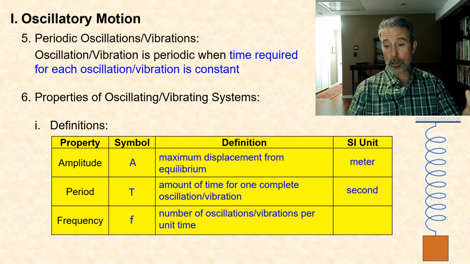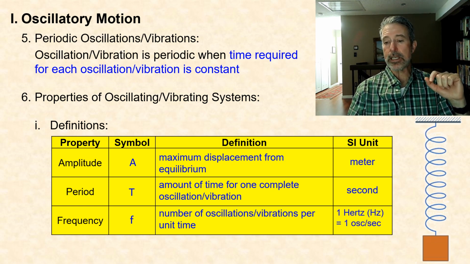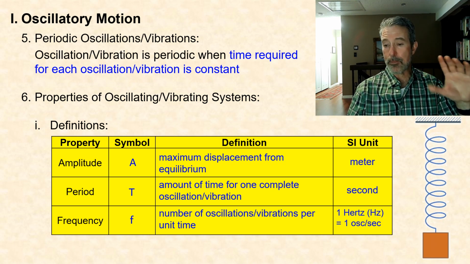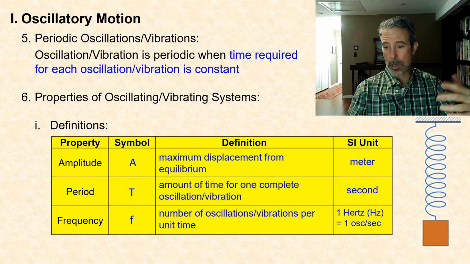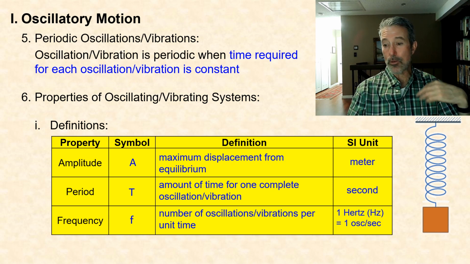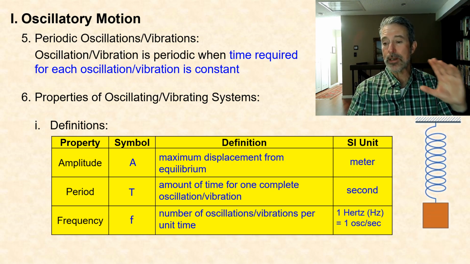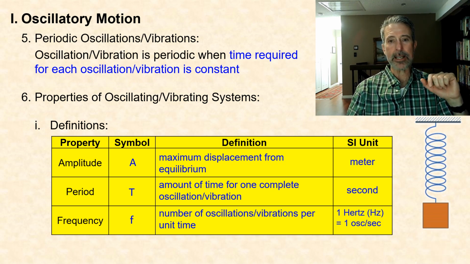The characteristic frequency is measured in vibrations or oscillations per second, for which we introduce a shorthand unit called the hertz. When we talk about an angular frequency, as we'll see in an upcoming slide, we can talk about the angular frequency as being measured in radians per second.